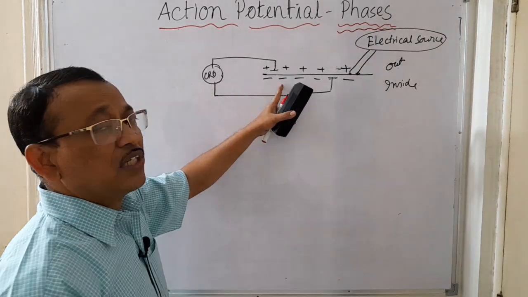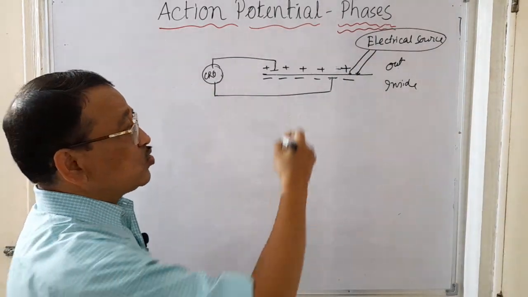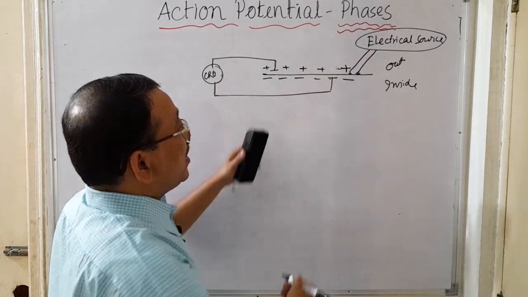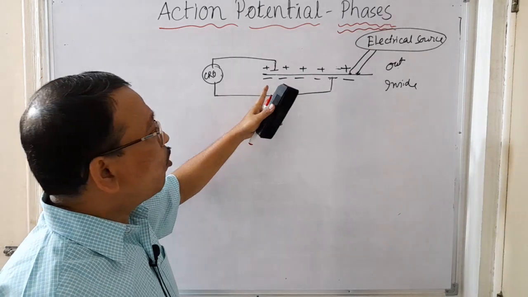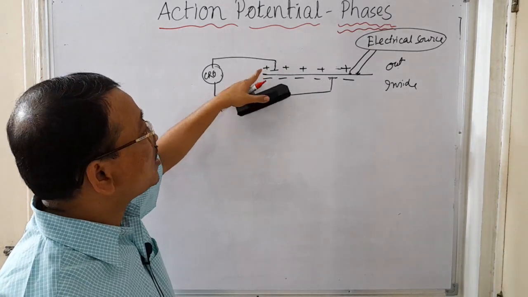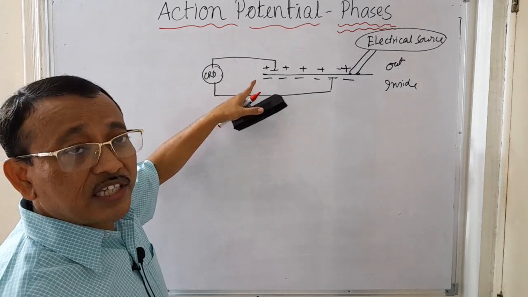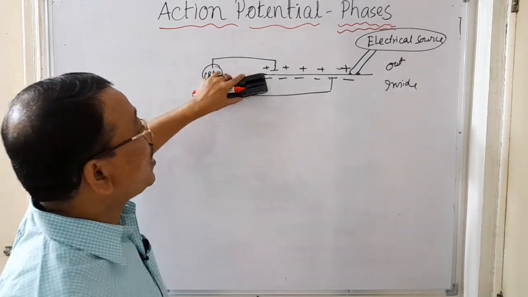So if a stimulus of threshold intensity is applied, there is a sudden and momentary change of this potential difference. And what change is it? It is the complete reversal.